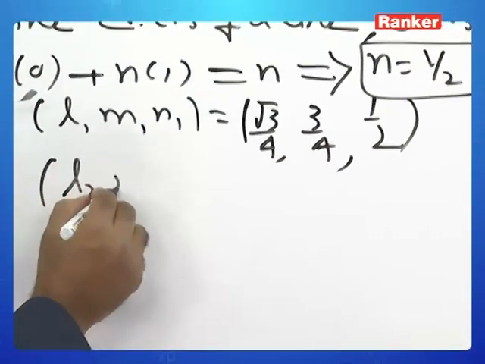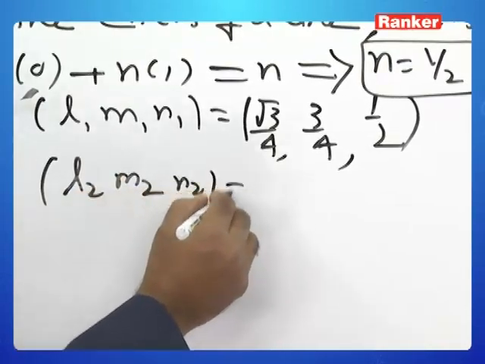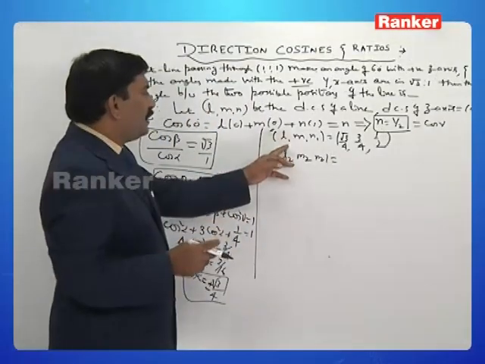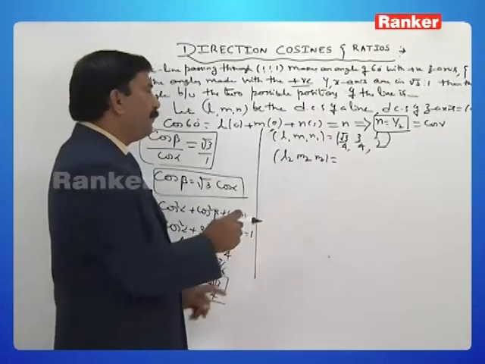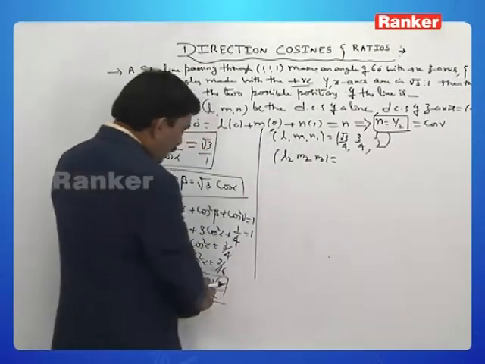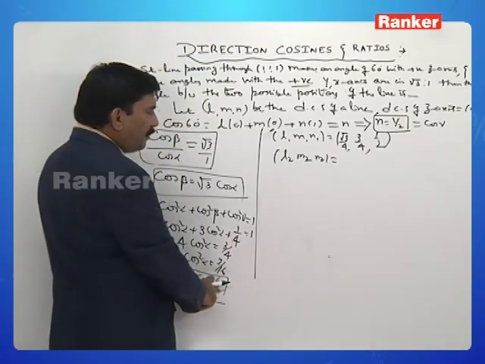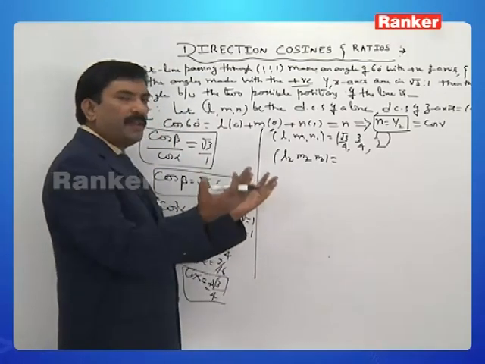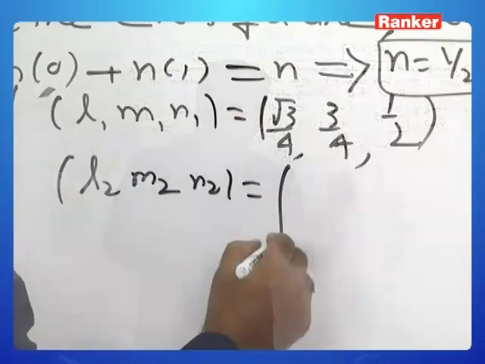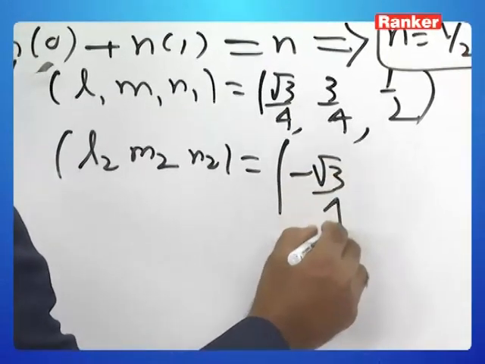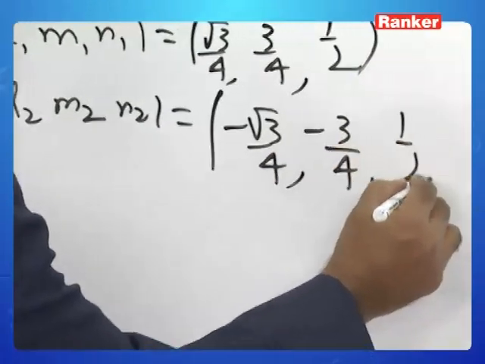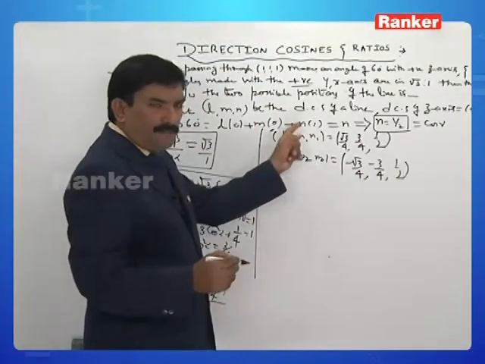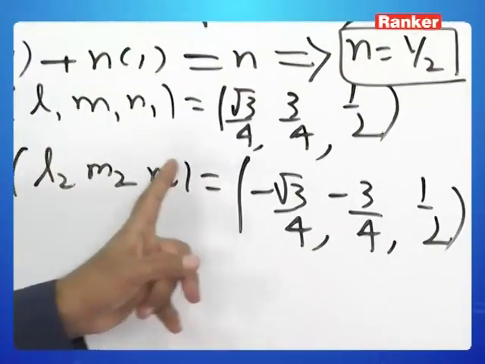Next, another one is L2, M2, N2, the DCs of the line in another position. Take cos alpha equal to minus root 3 by 4, so L2 is minus root 3 by 4, M2 is also minus root 3 by 4, and N2 is 1 by 2. Thus we have L1, M1, N1 and L2, M2, N2.